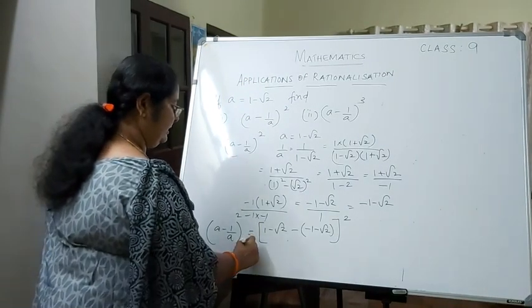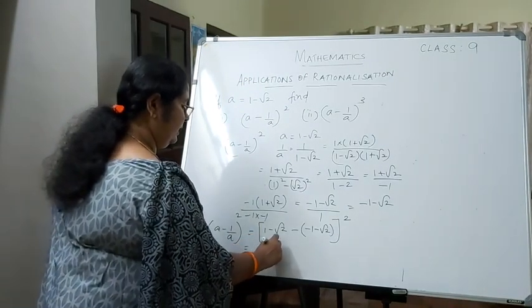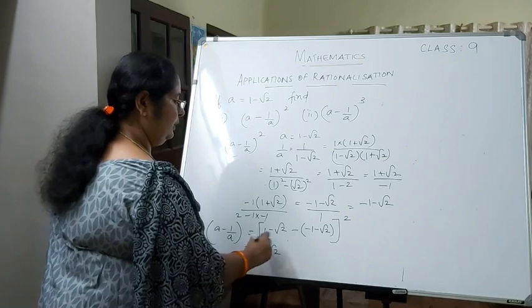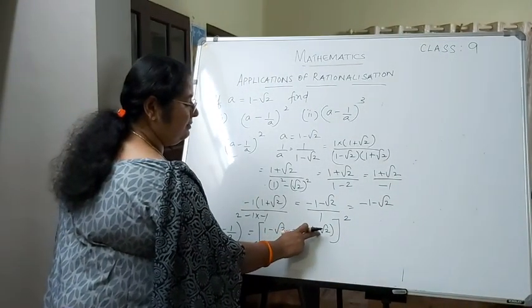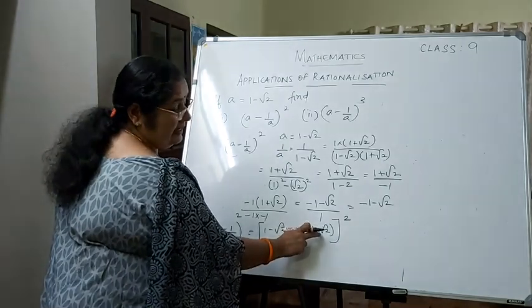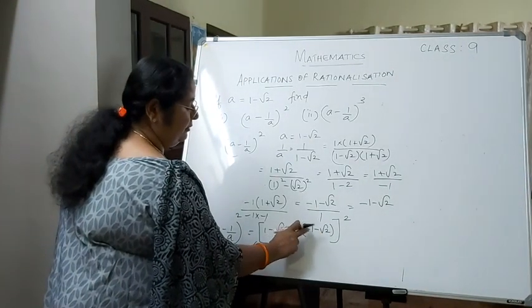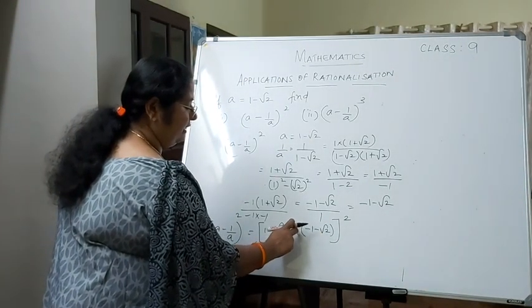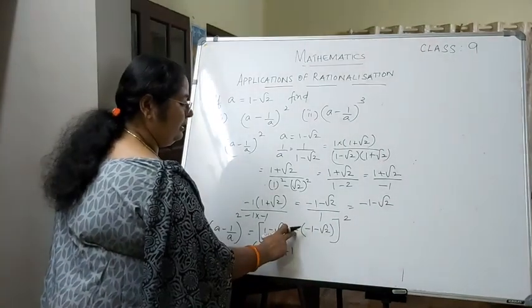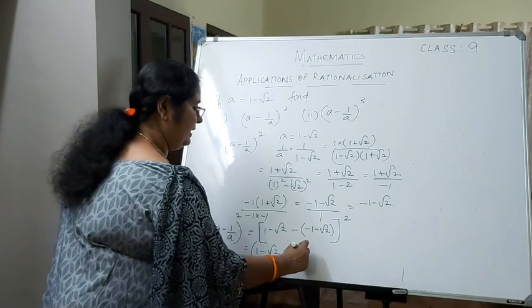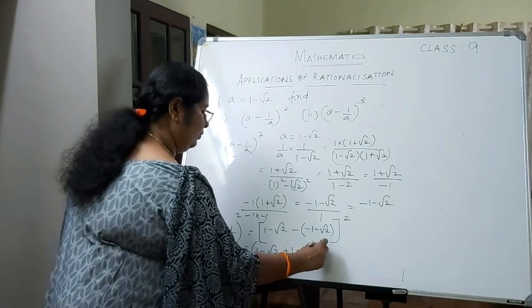Opening the bracket, this will be 1 minus root 2. Here it is a minus, so when you open this bracket, all the terms will change their signs. This minus 1 will become plus 1. Again this minus root 2 becomes plus root 2, the whole square.